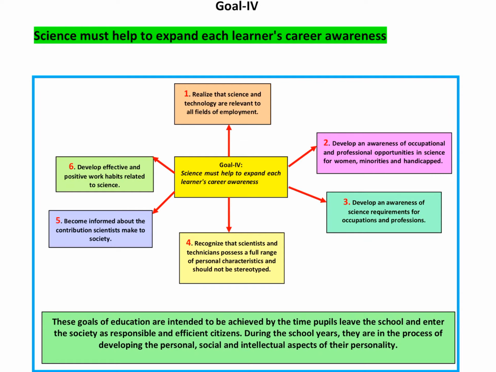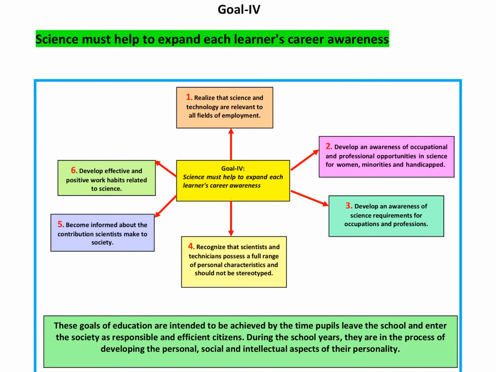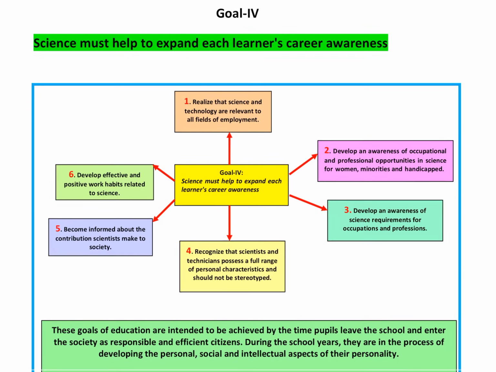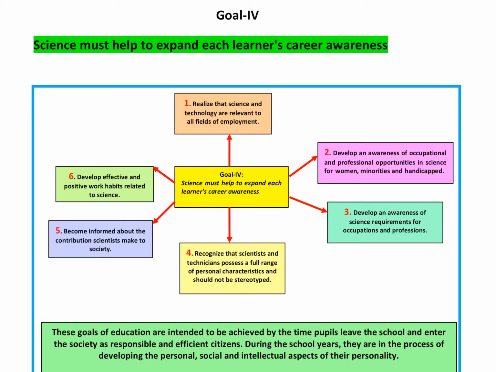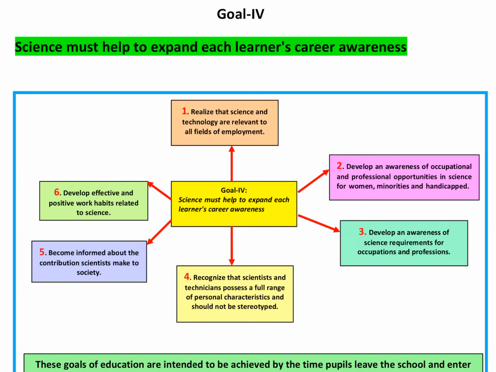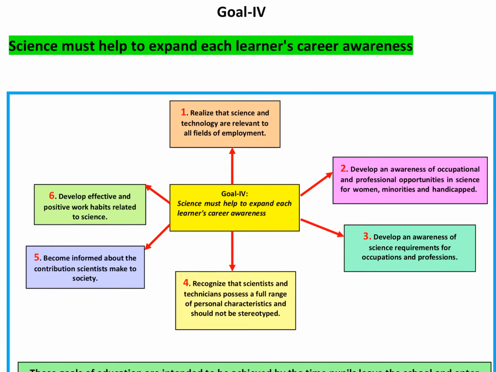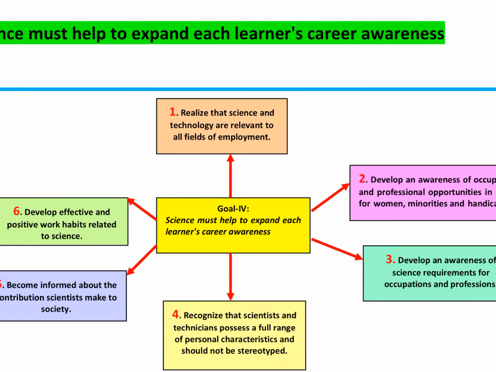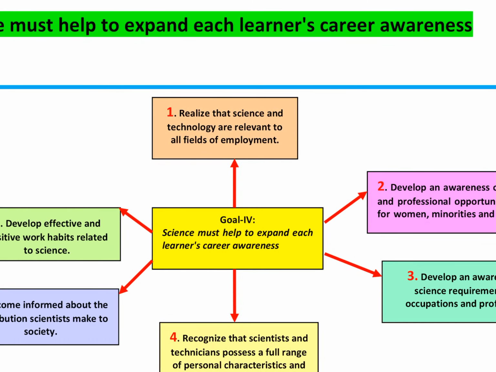So the same thing has been highlighted under Goal 4 of NSF Washington under the Project 2061. Here in this Goal 4, we say that the learners will have a wide range of career awareness, and that will be done this way.